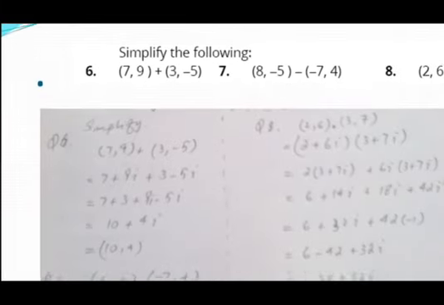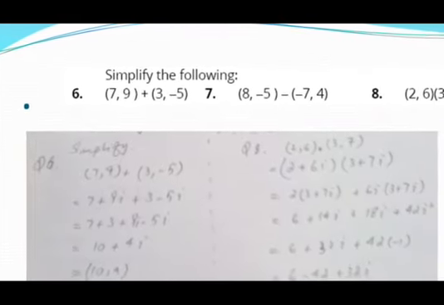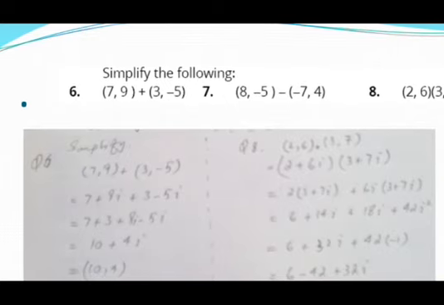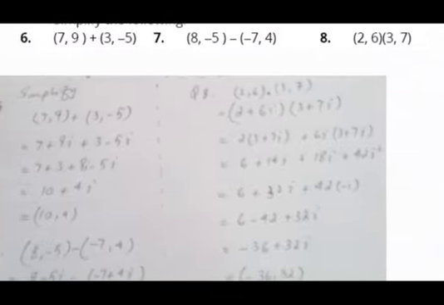This is like the example. Question number 6, sum of two complex numbers. I think it is easy for you. In question number 7, subtraction of two complex numbers. And in question number 8, complete steps of multiplication.